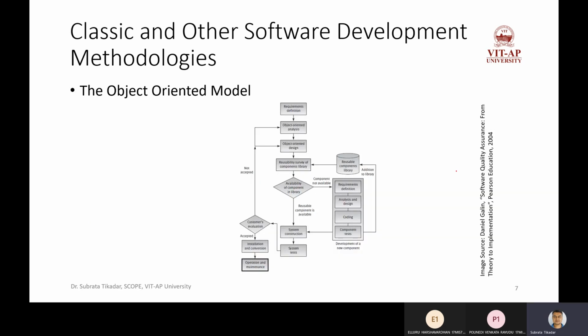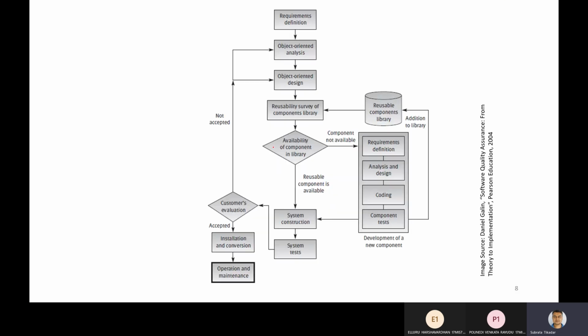This is the object-oriented model. Let me zoom in. In this case, the reusable components are emphasized. That means whether a particular project can reuse some of the modules or components of an existing software product or other existing software products.